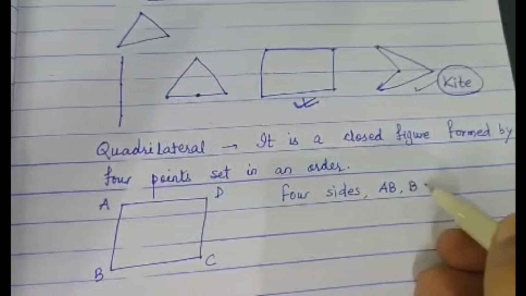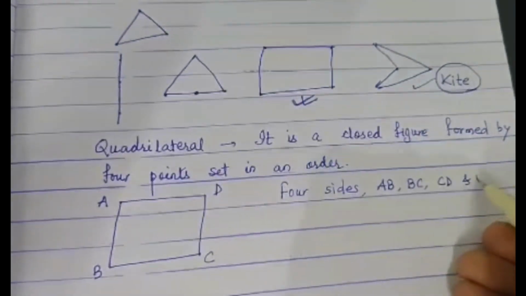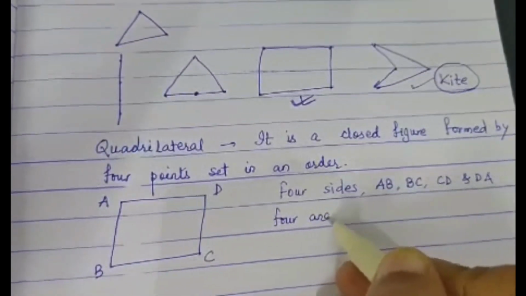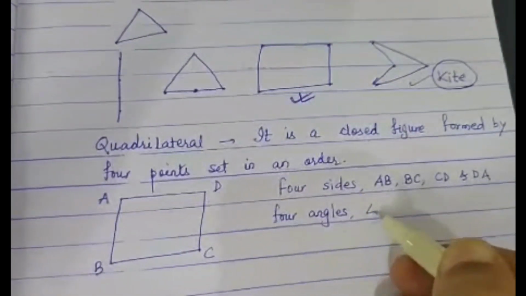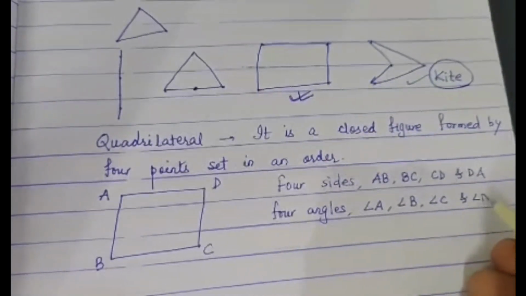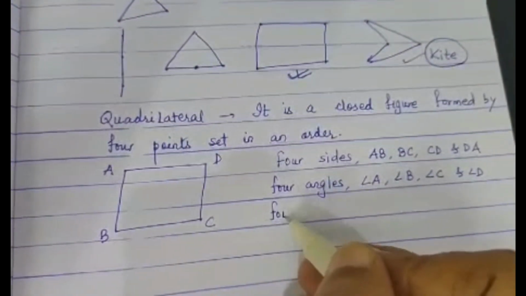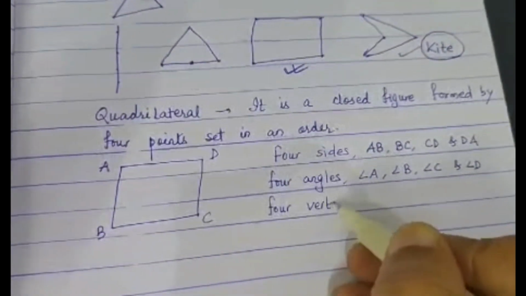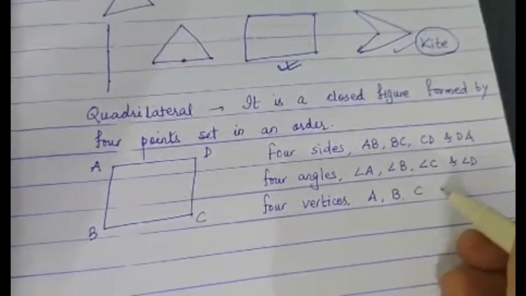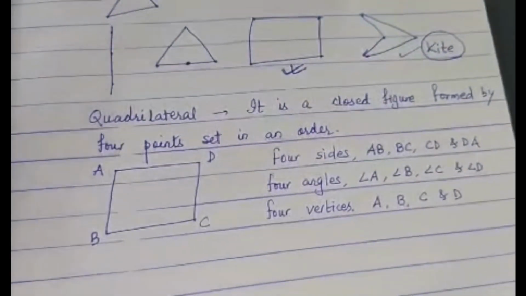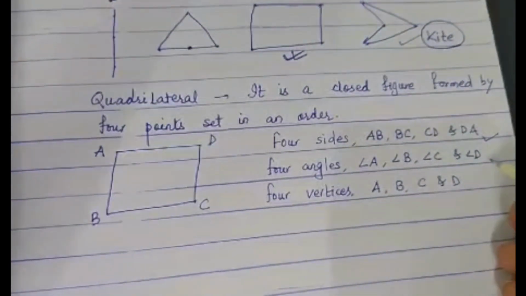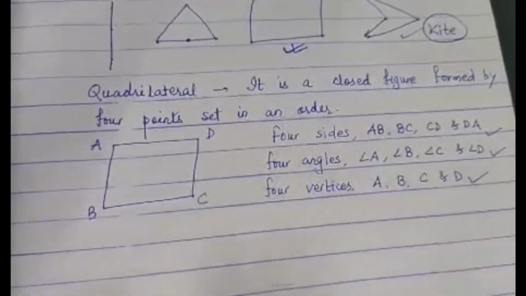The 4 angles are angle A, angle B, angle C and angle D. And it has 4 vertices: vertex A, vertex B, vertex C and vertex D. So a quadrilateral has 4 sides, 4 angles and 4 vertices.